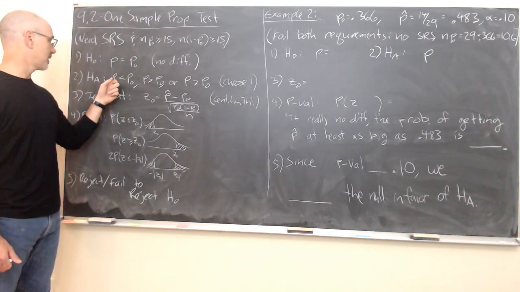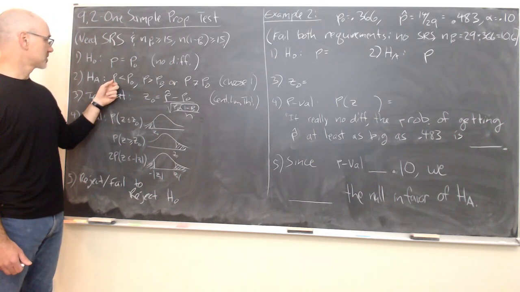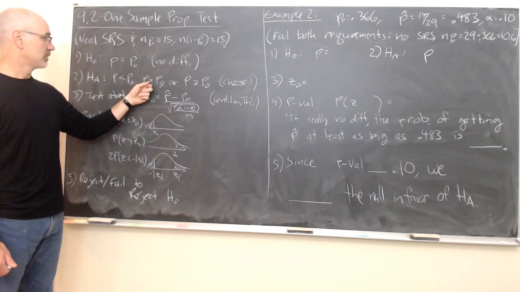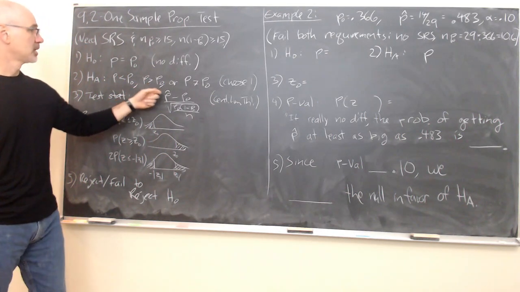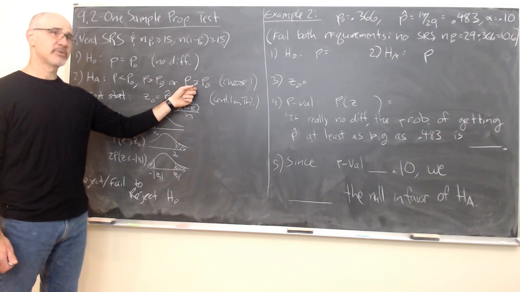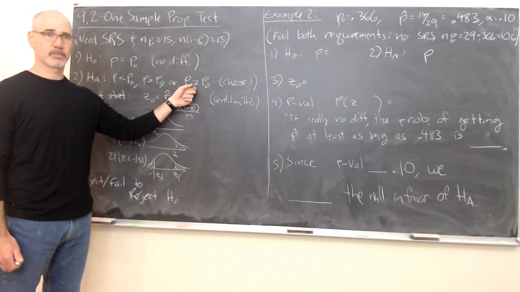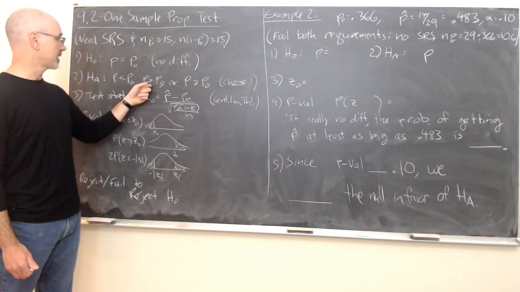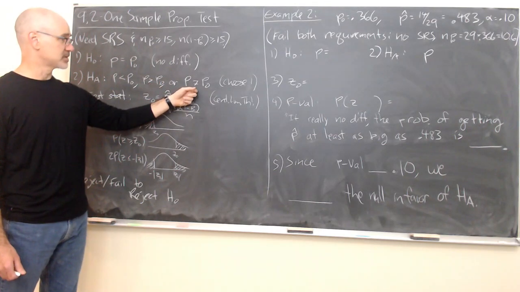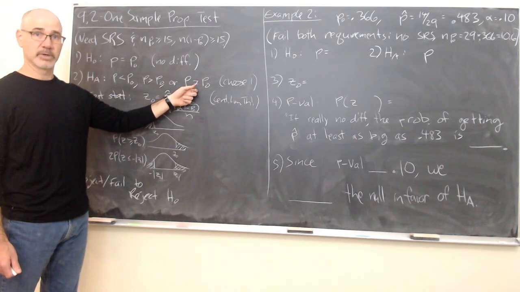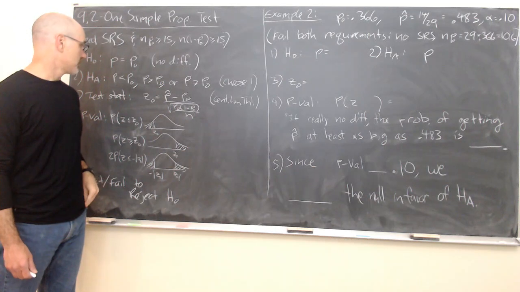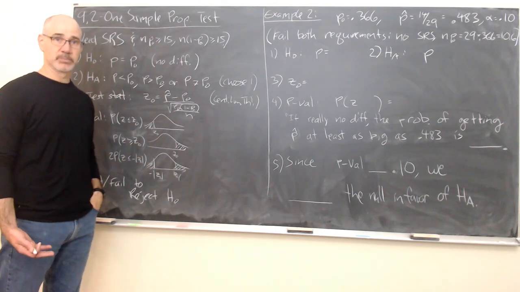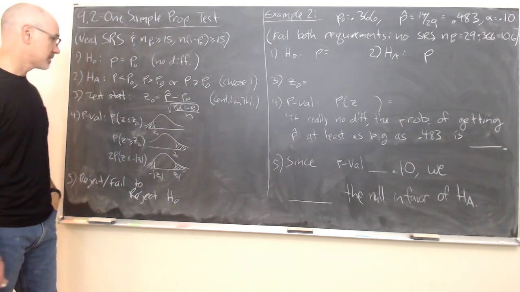Either we think our subpopulation has smaller proportion than the overall population, we might think it has a larger proportion, or we might think they're different and not really know which way it goes. So it's either a less than, a greater than, or a not equal to, and it's up to us to pick the one we want to use. That depends on our suspicion or belief about the subpopulation.